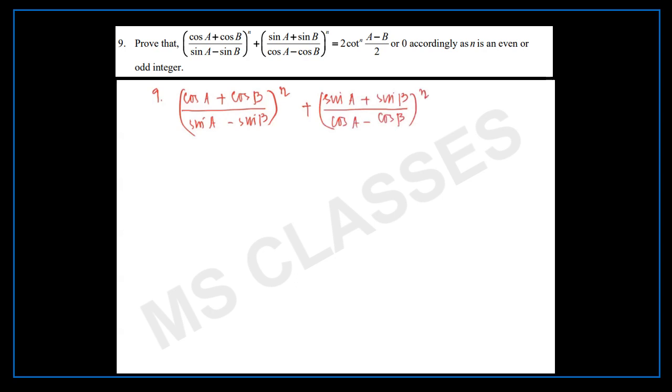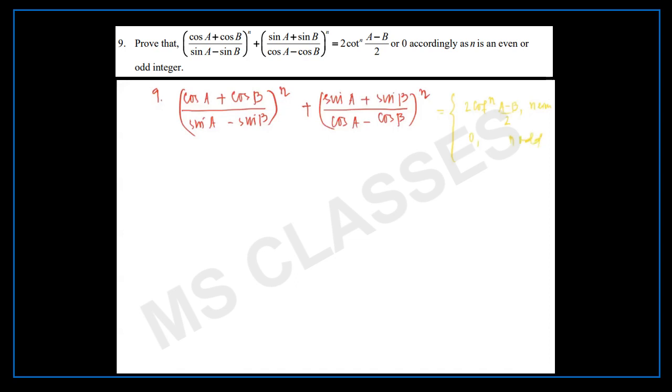And we have to prove this one as equal to 2 cot to the power of n of A minus B by 2 when n is even, and this will be 0 when n is odd.